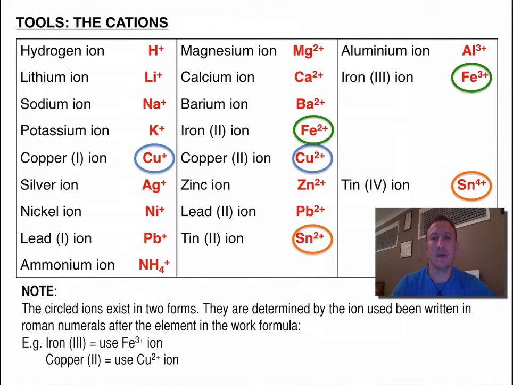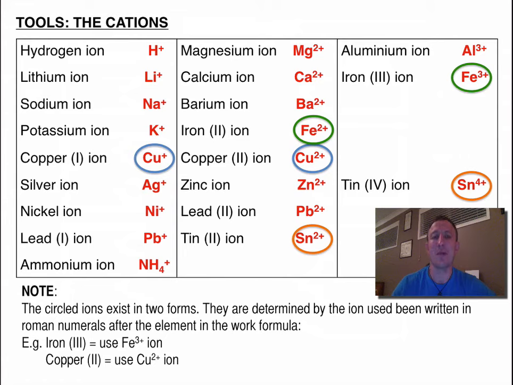If you can remember back a few activities, I talked about the transition metals. Circled here are a few transition metals: copper, Cu, shown with the blue circles, iron, Fe, shown with the green circles, and tin, Sn, shown with the orange circles. The unusual thing about transition metals is they can exist in a number of different forms with respect to their ions.